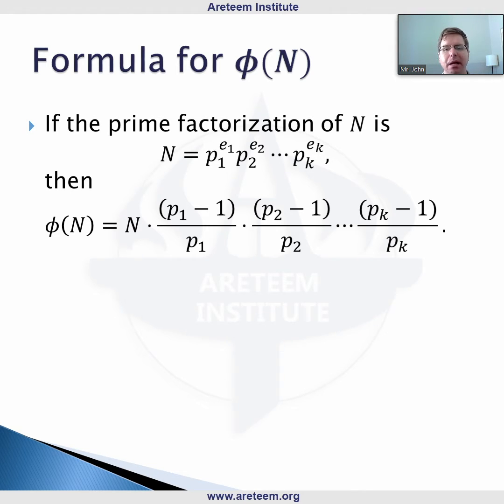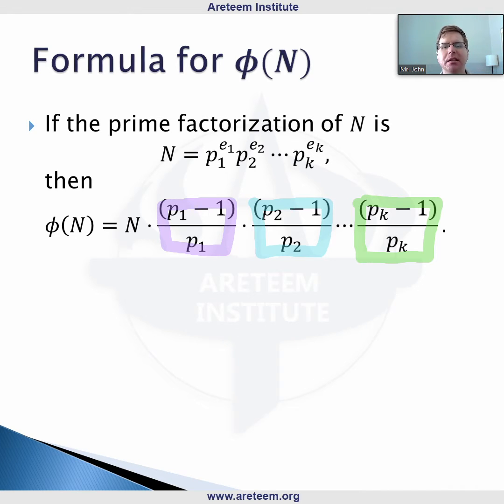So we have p1 minus 1 over p1, then p2 minus 1 over p2, and this is done for every single one of the primes in the prime factorization, all the way down to pk minus 1 over pk. This is kind of getting rid of multiples of p1, p2, etc.